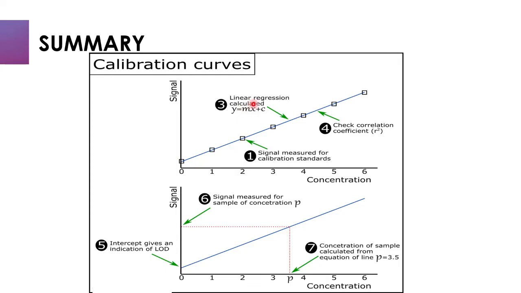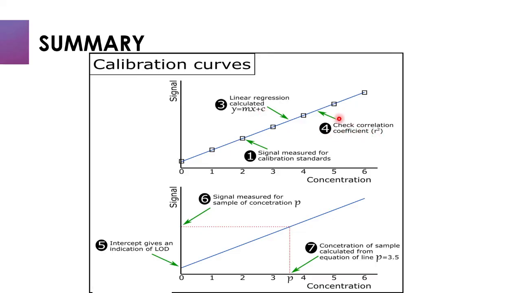And this is our linear regression obtained in the form of the equation y equals mS plus c, where y is the absorbance, m is the slope, S is the concentration, and c is the intercept.